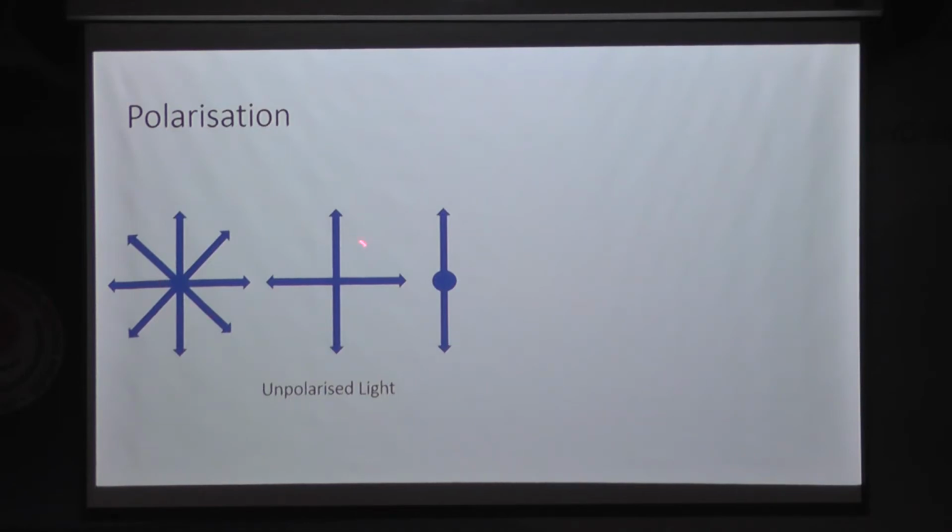So this is unpolarized light, and I have resolved it in only two planes. If I see from the sectional side, this would be looking like this. This is this one, and this is just seen as a dot. What happens if I pass this through a particular crystal structure?